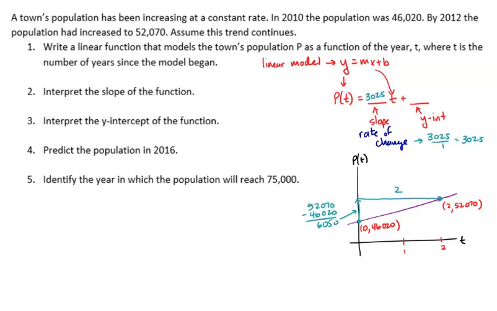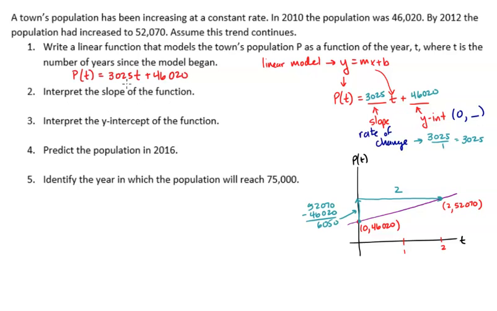Our y-intercept, remember, is just the point 0, comma, what? If I look here, I see that this line is intercepting our y-axis, or our vertical axis, at 0, comma, 46,020. So that 46,020 is our y-intercept. So our linear function that models this situation says population based on time is equal to 3,025 times t plus 46,020.